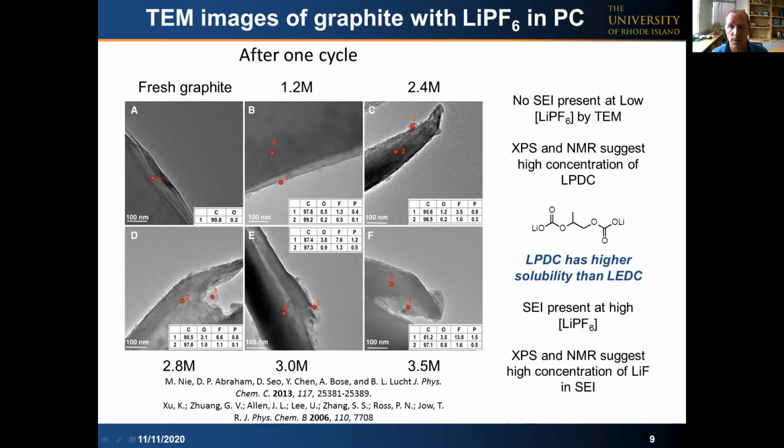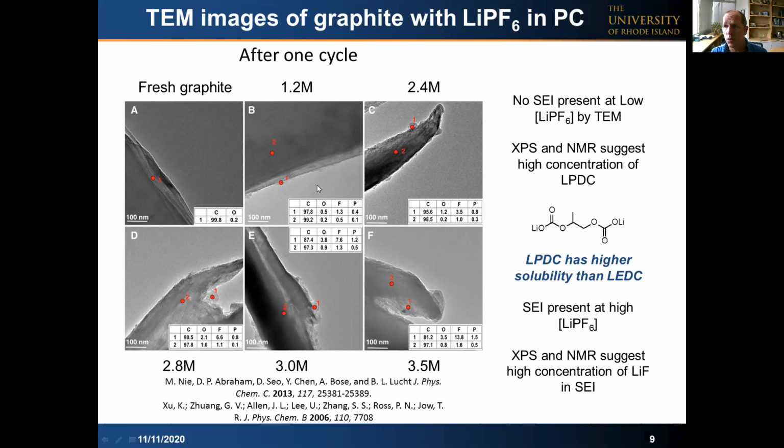What this suggests is that we have a very different composition of the anode SEI. In particular, it suggests that at high concentrations of salt, we have predominantly lithium fluoride in the SEI with very low concentrations of lithium propylene dicarbonate. What this also suggests is that while we see lots of electrolyte reduction and decomposition at 1.2 molar, we don't observe very much of it here.